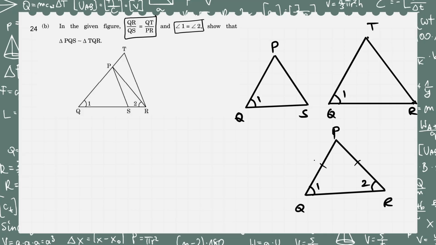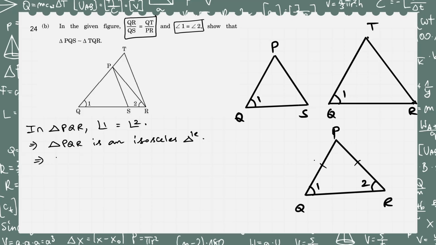I mean, PQ and PR both are equal to each other. So we can get the help from this triangle, and we can proceed to the next similarity proof. So let us start with triangle PQR. In triangle PQR, angle 1 equal to angle 2. That implies triangle PQR is an isosceles triangle.